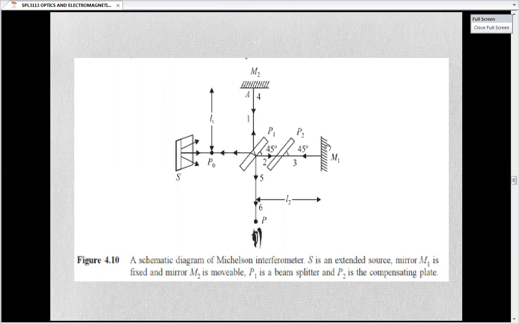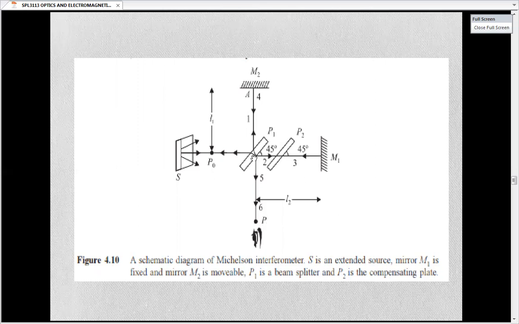One thing to also note here is that if you consider a ray coming from the source S, it first of all meets the first glass plate P1. It is transmitted, goes to the bottom surface, it is reflected, goes back to mirror M2, comes back to the glass plate, transmitted, and then goes to the eye.